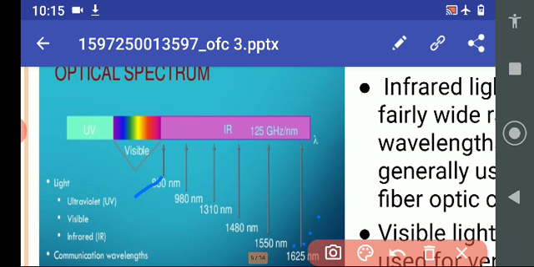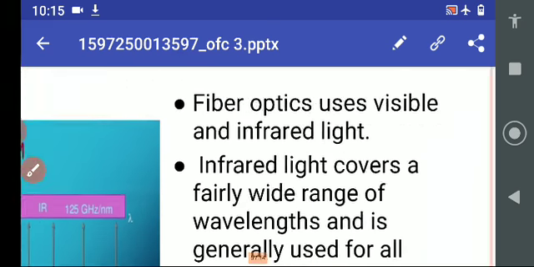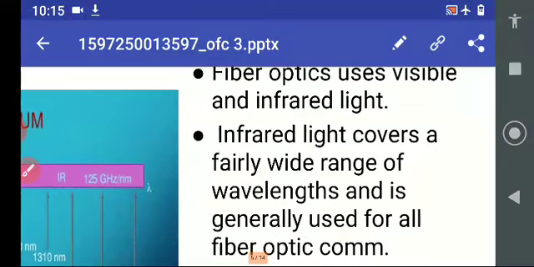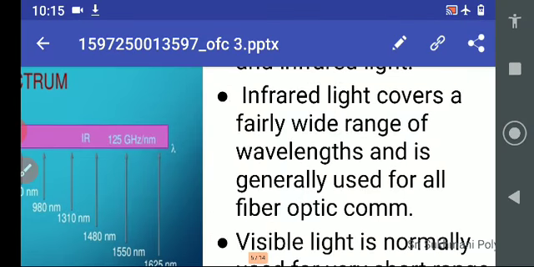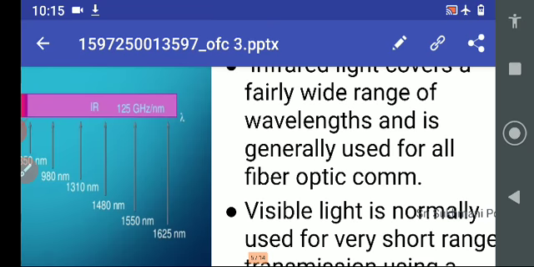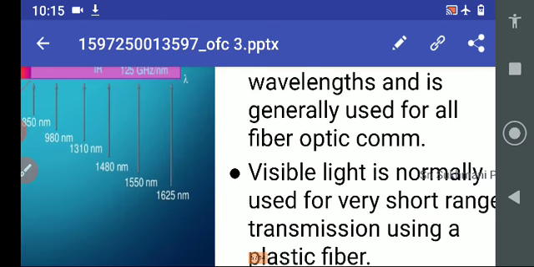We have to choose a selected set of wavelengths for different applications. So infrared light covers a wide range of wavelengths, and they are useful for optical communication.